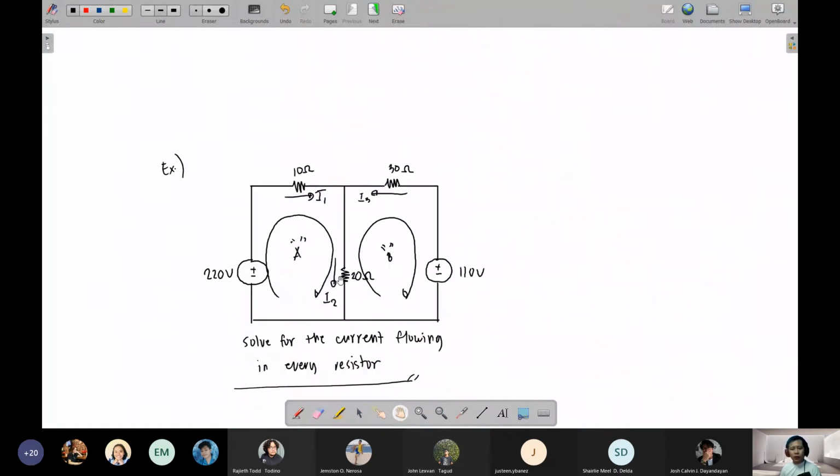For this one, since these are all voltage sources, it's okay to assign a loop. Just take note that you have to assign a loop in every closed circuit where there is no current source, just like this one. So I did not assign a loop just on this side but also on this closed circuit, because this is a voltage source.